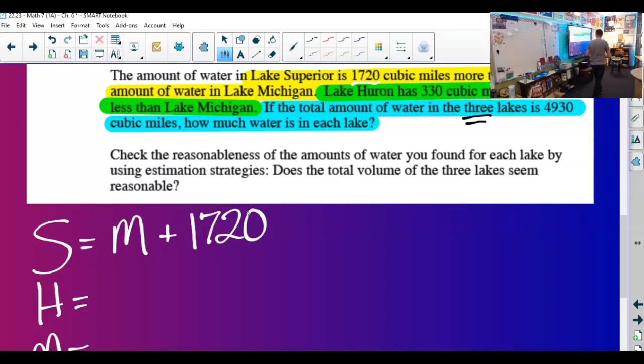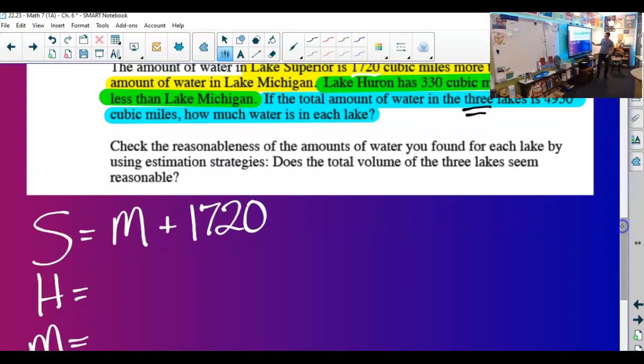Lindy, how might we write that out for Lake Huron? M minus 330. Yeah, M minus 330. Does anyone have any questions about that? Because it was 330 less than Michigan. Michigan's the reference. We have to take away from Michigan.